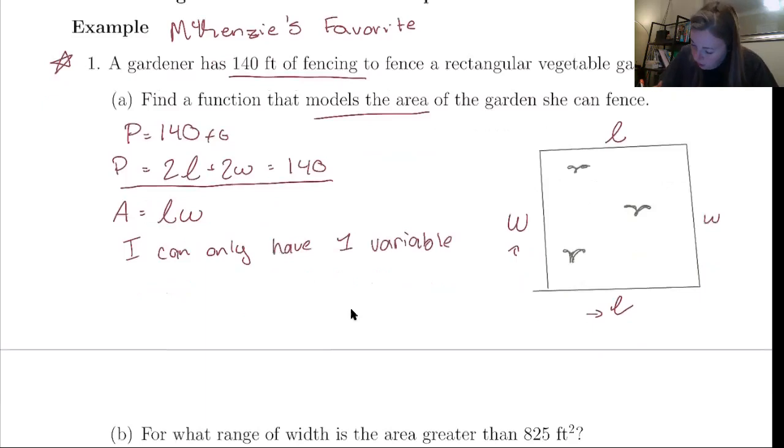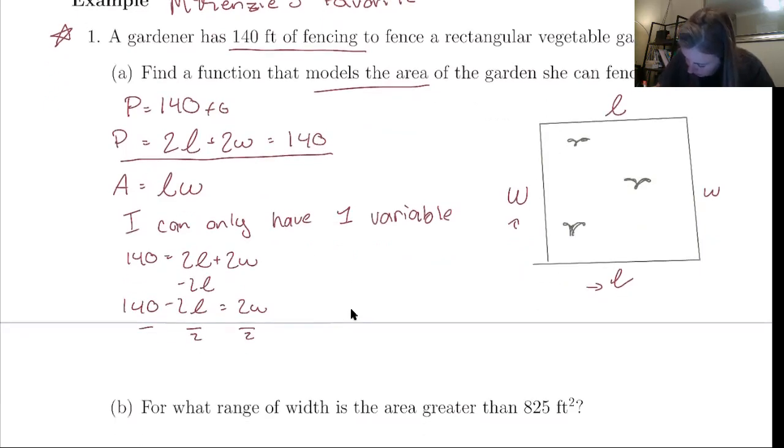So it's going to look like 140 equals 2L plus 2W. Let's subtract 2L. So I get 140 minus 2L equals 2W. All right, so divide by 2, and I'll get 70 minus L equals W. Okay, great. Then I bring that back to my area.